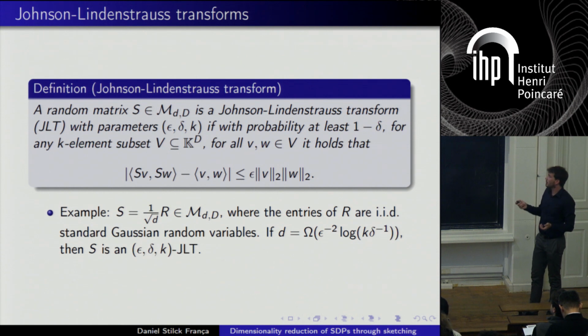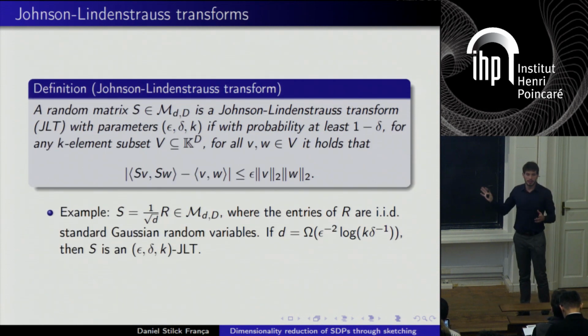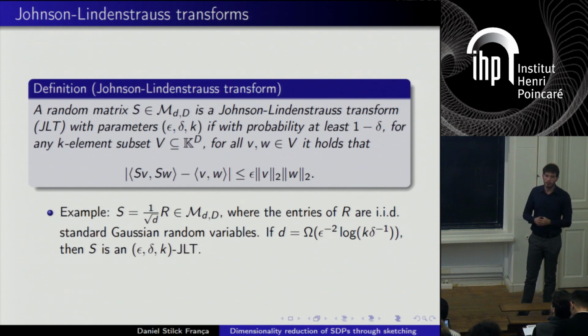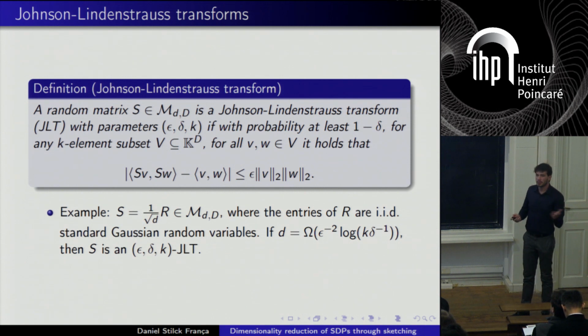I must say that this dependence on epsilon has been proven to be optimal, and this as well. However, this is the simplest case, but not what you would use in practice, because Johnson-Lindenstrauss transforms have been an area of very active research in recent years, and we now have sparser versions which are much more useful in practice. But this is somehow the simplest example.